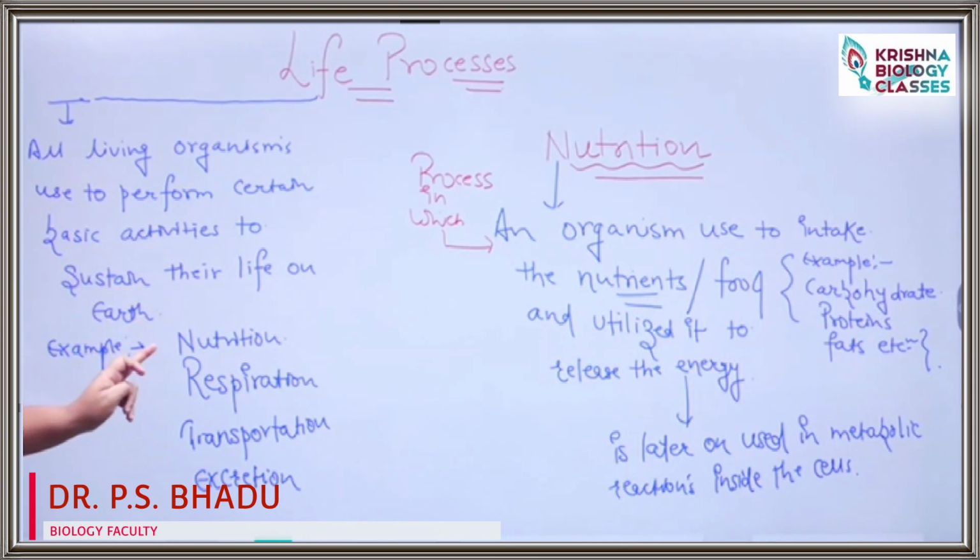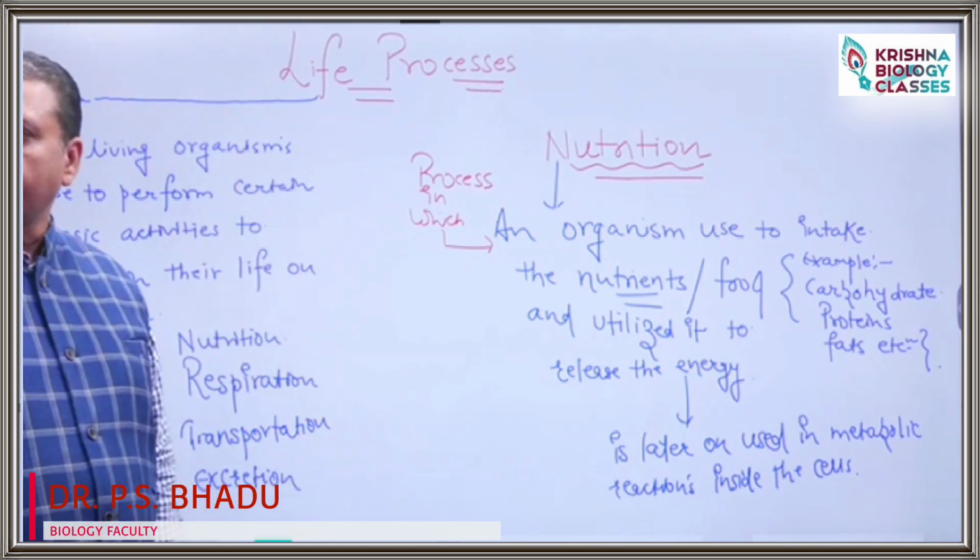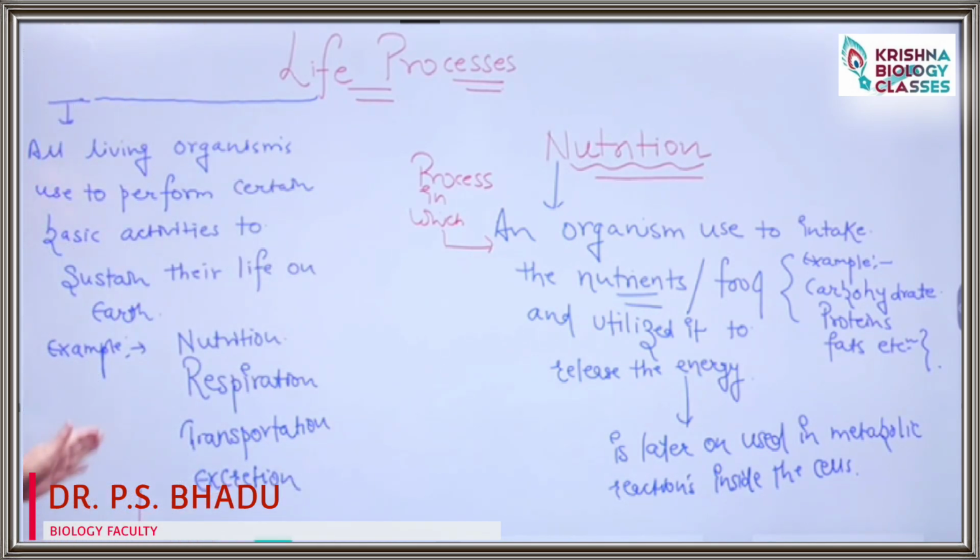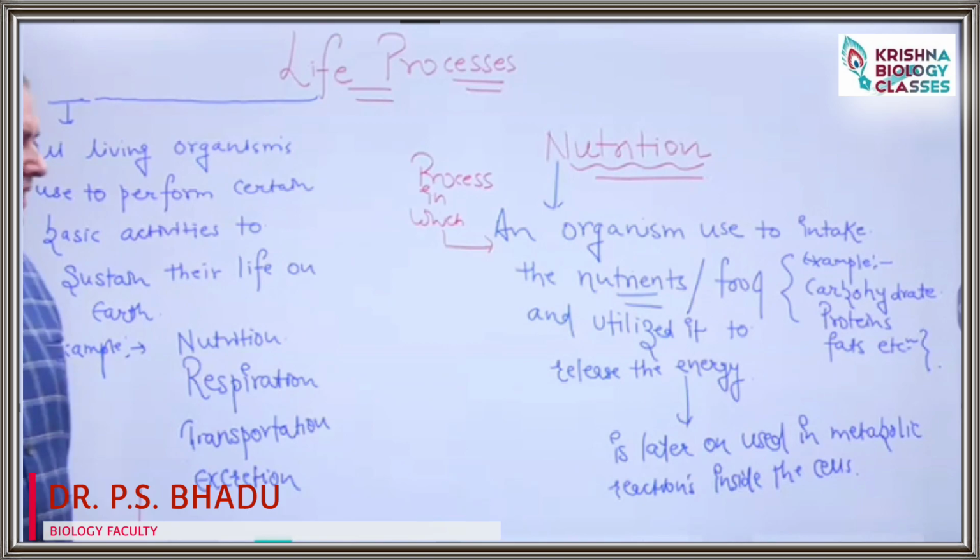Every day we need to perform nutrition, respiration, transportation, excretion. So all these activities are collectively known as life processes. Now in this chapter, gradually we will discuss the process of nutrition, respiration, transportation and excretion.